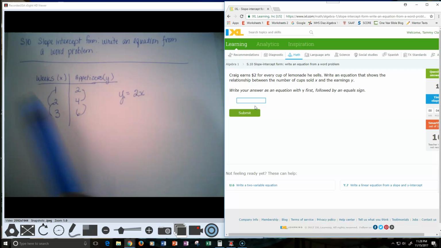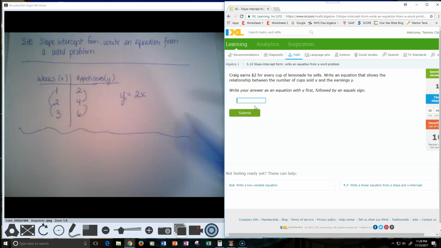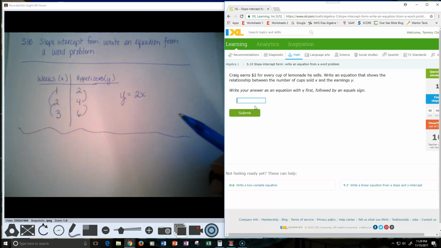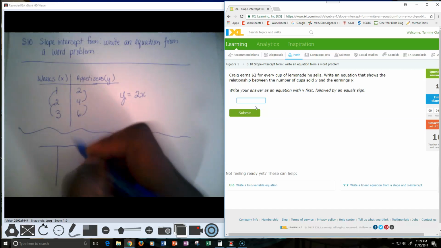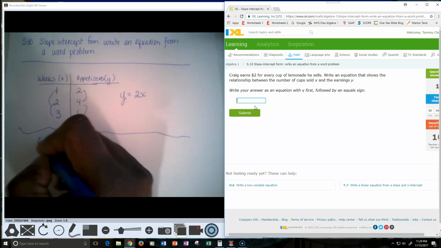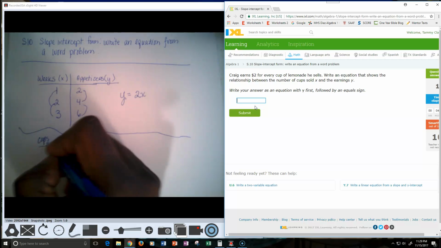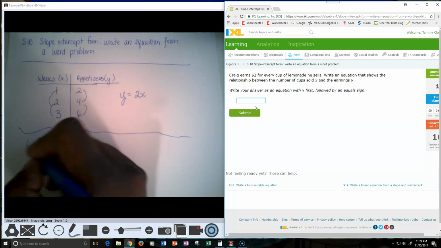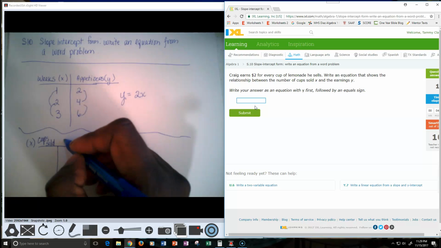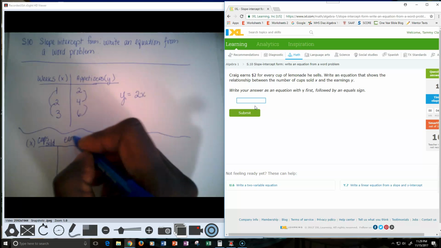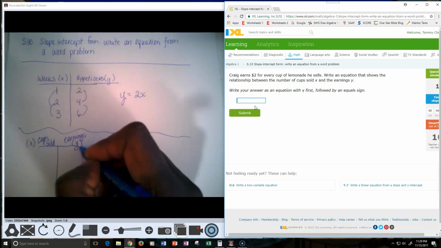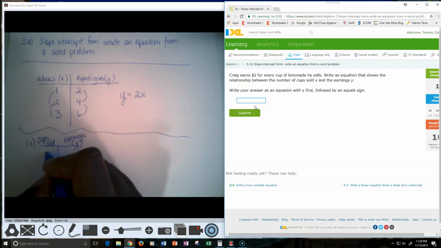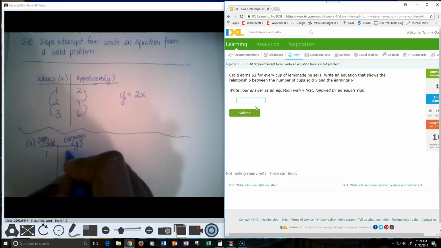Now our next one is Craig earns $2 for every cup of lemonade he sells. Write an equation that shows the relationship between the number of cups sold, which would be X, so cups sold, so that's X, and money earned or earnings, that's Y. So if he sells 1 cup, he earns $2.